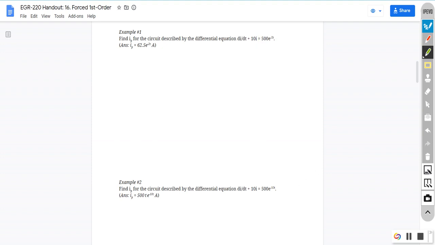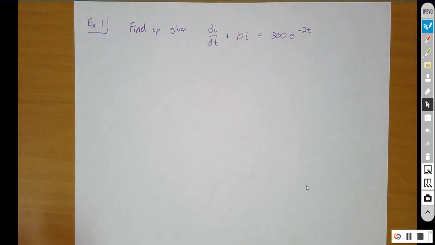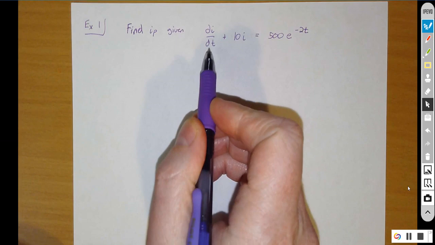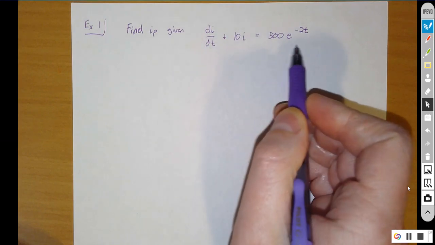All right, so let's hop over to some paper and work this out. We're given the differential equation di/dt plus 10I equals 500e to the negative 2t.